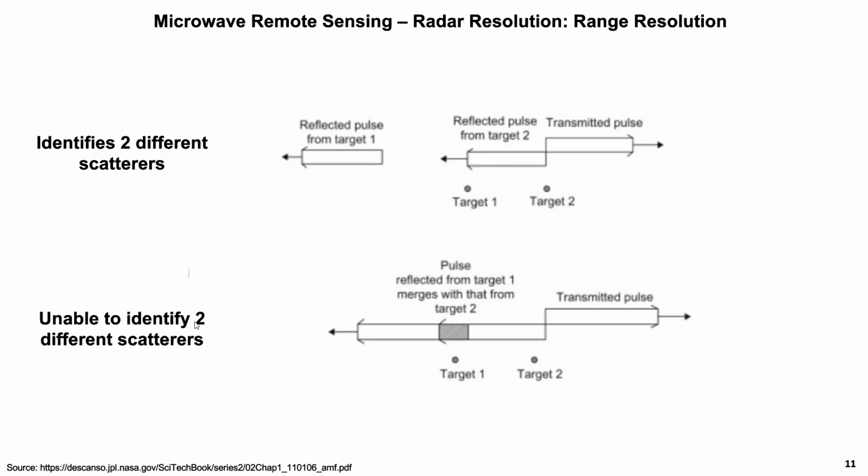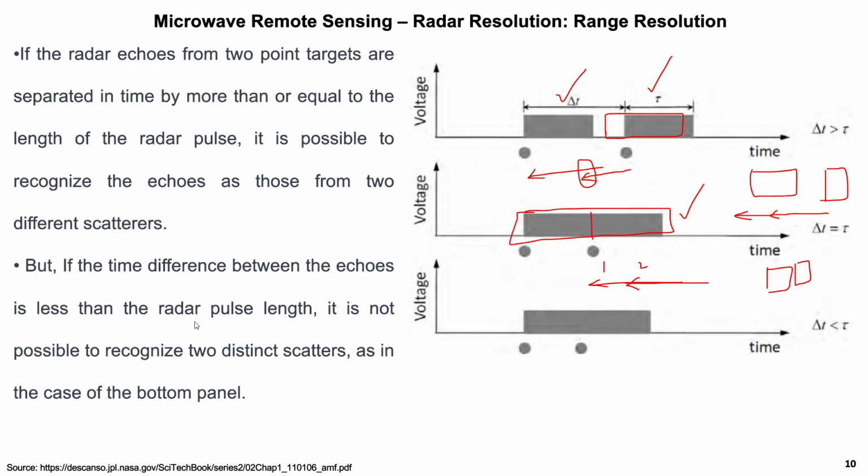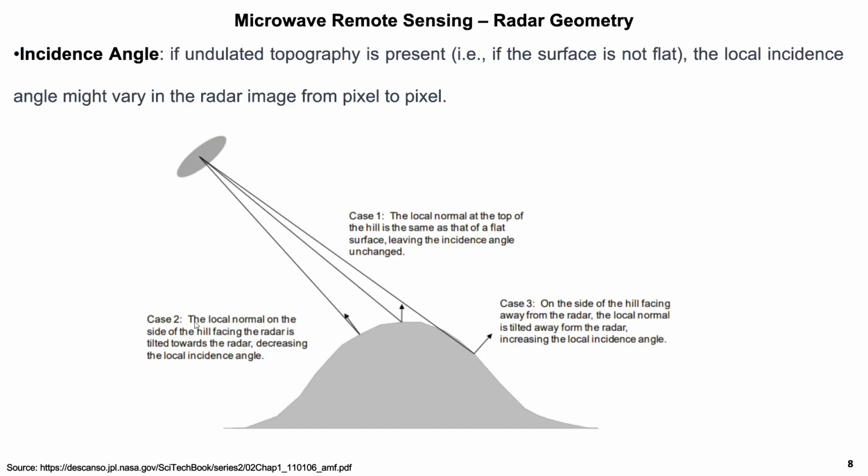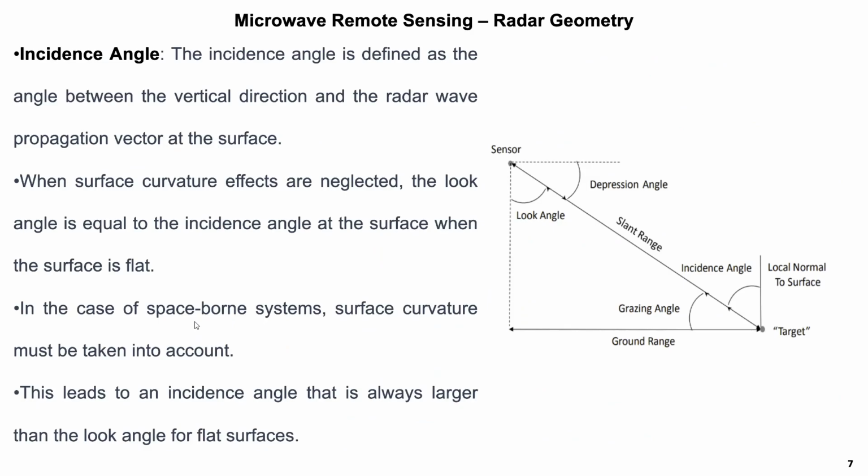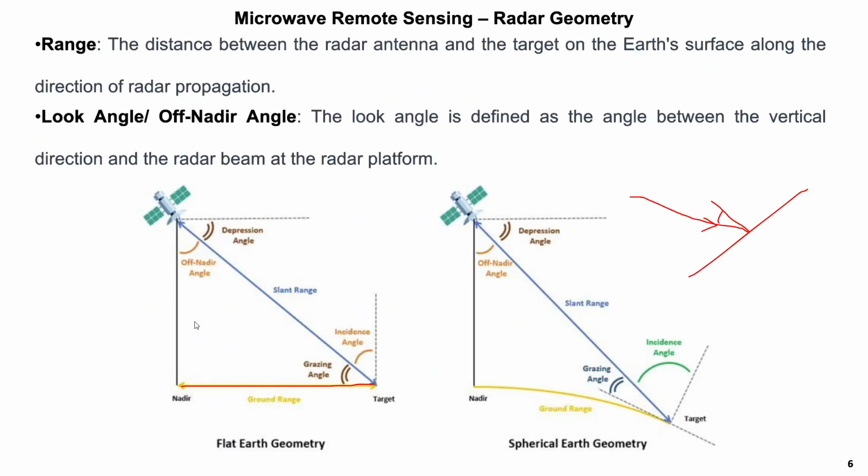Just a quick question. Can you please go back to the previous couple of slides, where we have seen the look angle and the incident angle? So here, is it always that the look angle plus the incidence angle would be equal to 180 degrees, or may it differ sometimes?